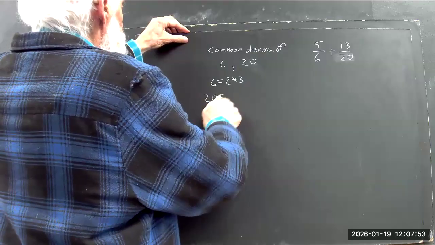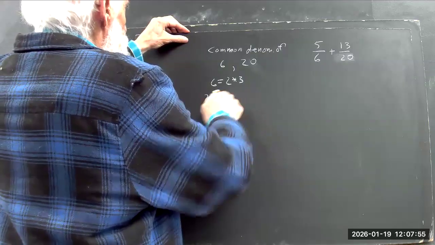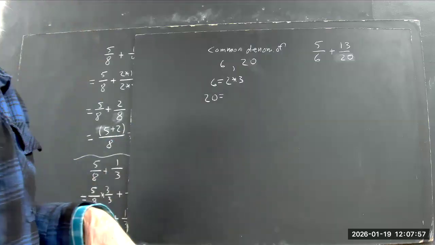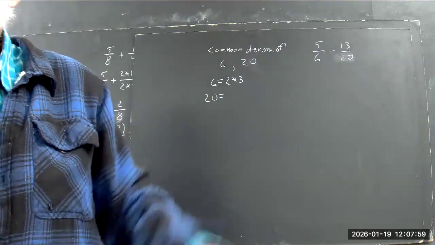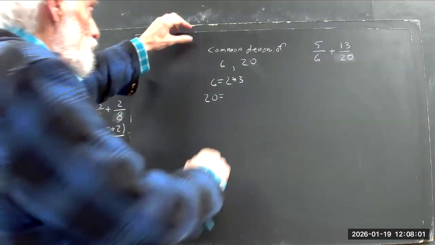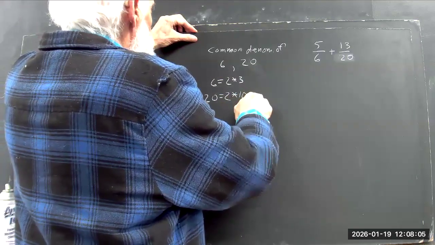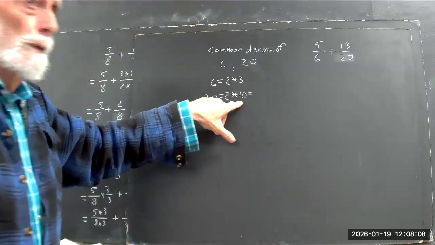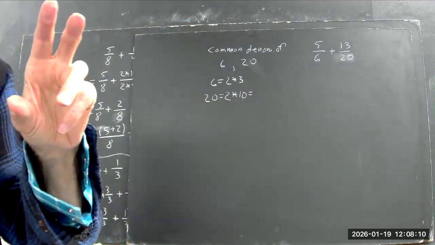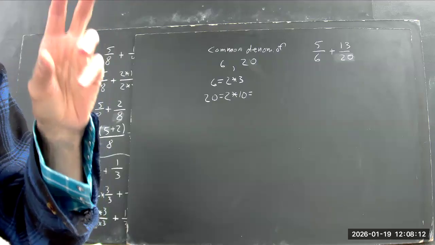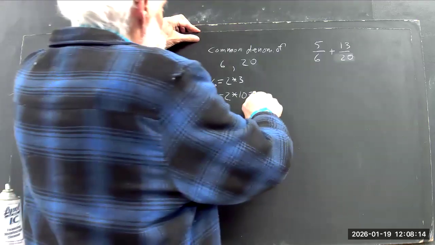20 equals. Okay, what's the smallest number that divides 20? Show me the fingers. 2. What's the smallest number that divides 10? Again, it's 2, obviously.